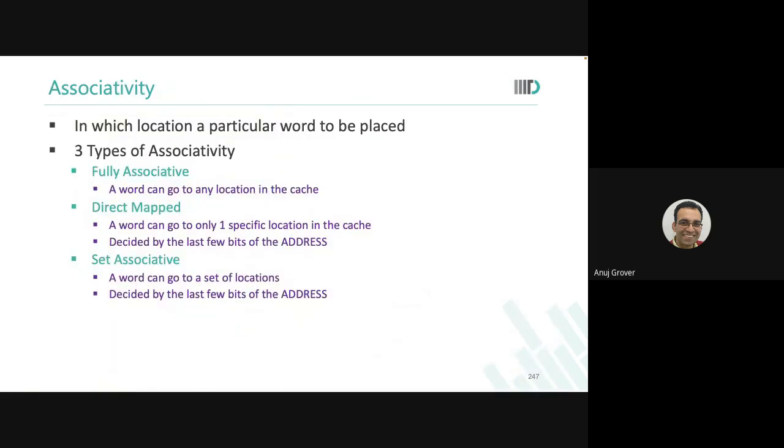Yes, you may say so. Associativity depends on what my requirement is. I may have two-way set associative if I know that it's a very light processor and I will not have multiple different kinds of tasks running in parallel. For example, an edge processor for a sensor. All it has to do is see whether this value is greater or lesser than something, and if it is greater, send that data somewhere.